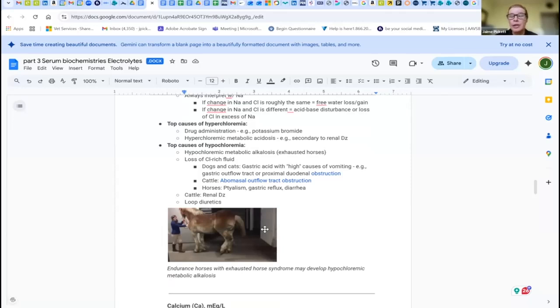But a decrease in chloride is usually due to losing chloride-rich fluids.